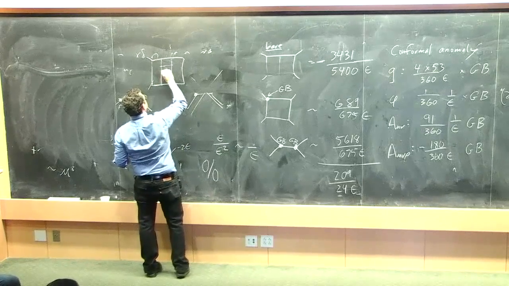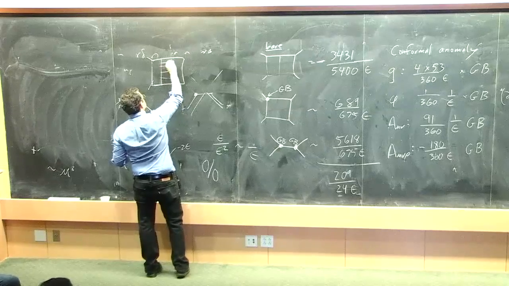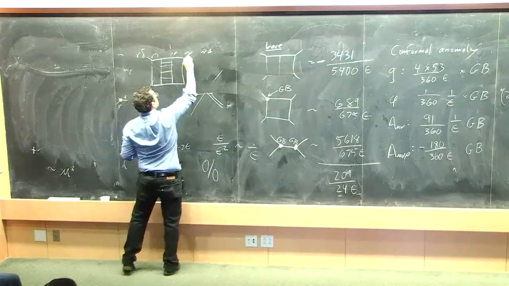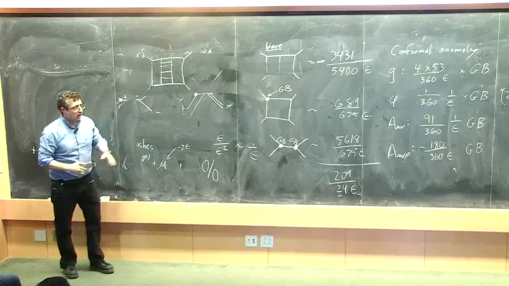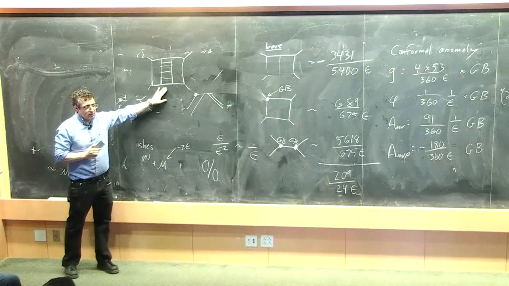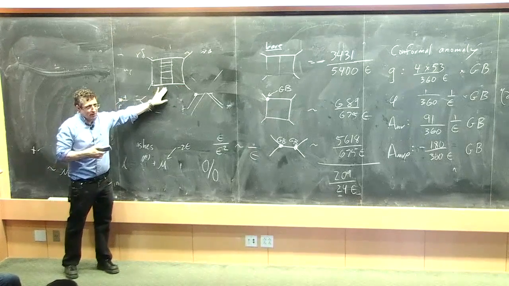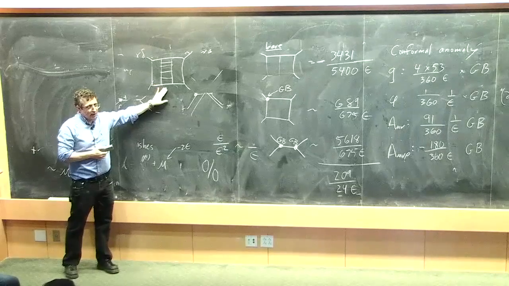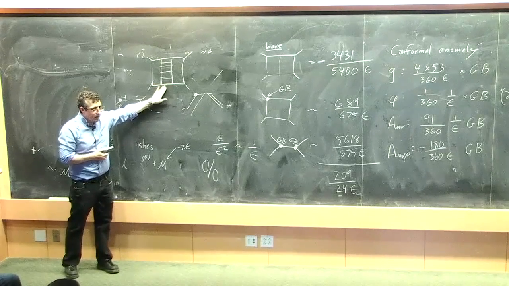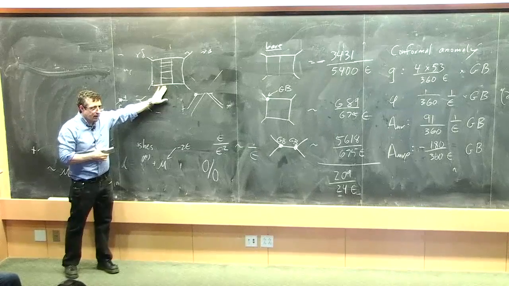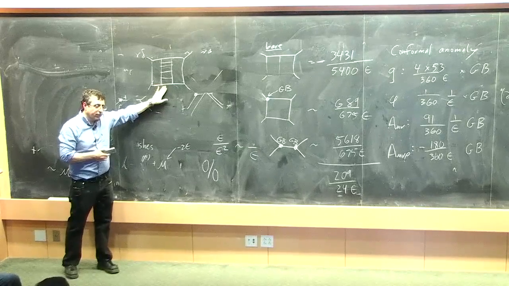So it's 3, 4, 5, 6, 7. This type of diagram, if you look at its power counting, looks like it wants to diverge at 7 loops, and that agrees exactly with what you have, right? And this is exactly the same structure that we're looking at at 3 loops in N equals 4 supergravity.